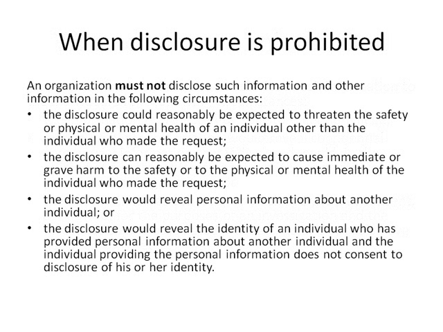So even if somebody comes to you and says, can you tell me whether you have information about me in your control and what you've done with it, in some circumstances you are absolutely prohibited from disclosing it even if you wanted to. And there are 4 categories here. First, disclosure could reasonably be expected to threaten the safety or physical or mental health of an individual other than the individual who made the request.